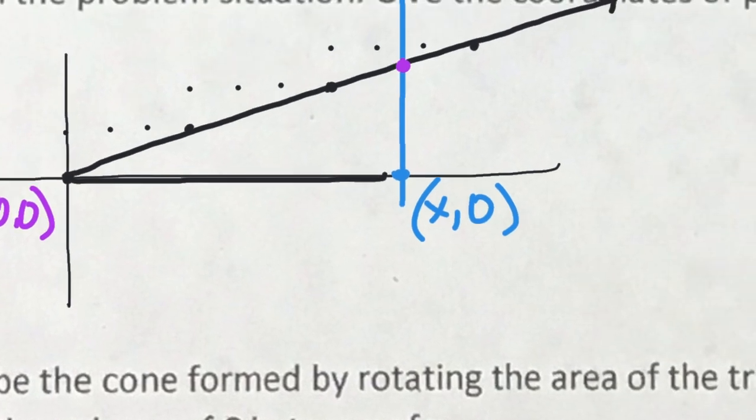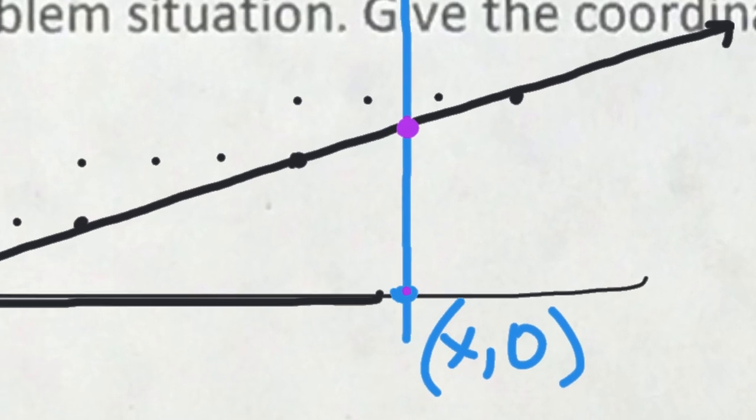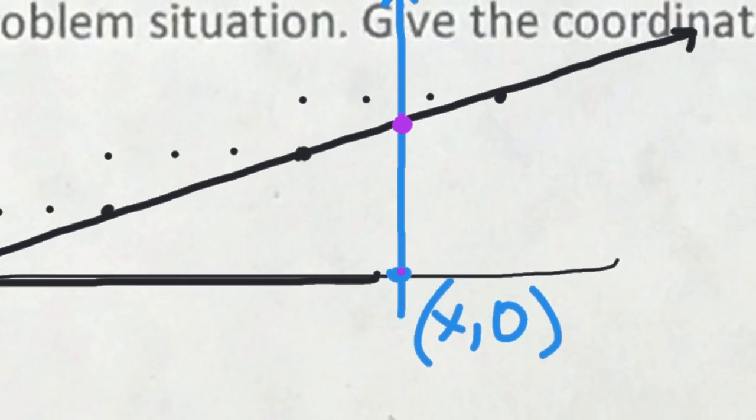We have this x coordinate, x comma 0, on the x-axis, and now we have this purple point. So the purple point is some x value, right? Because it's above the lower point. So those have the same x value because it's a vertical line, and all x values on the vertical line are the same. Now this is, of course, the y value.